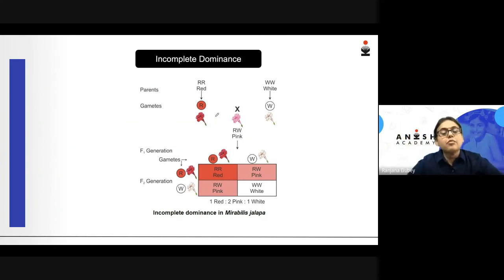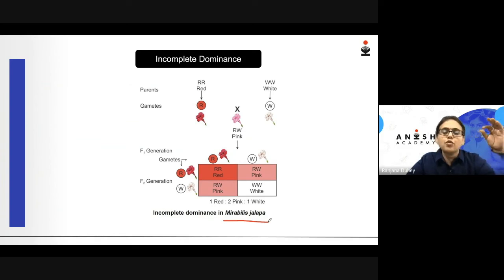The classic example is Mirabilis jalapa, or the 4 o'clock plant, as it is commonly called. It has two varieties of flowers, red and white, of which the red flowered plant is of a dominant variety over the white.